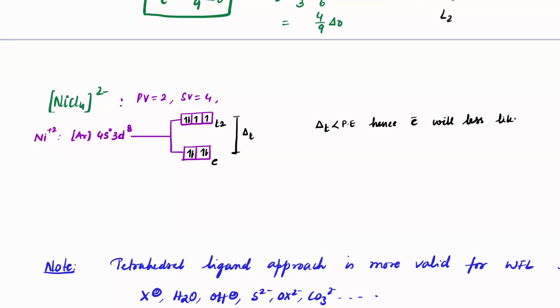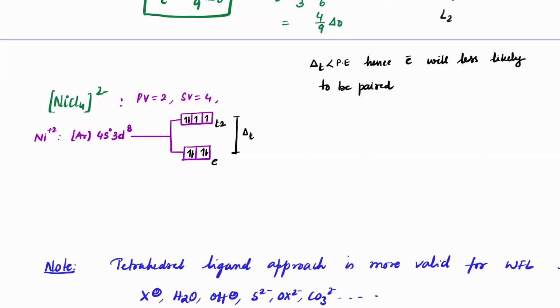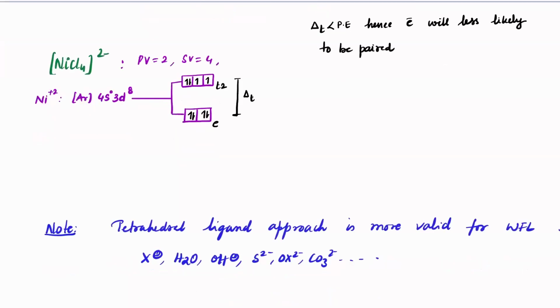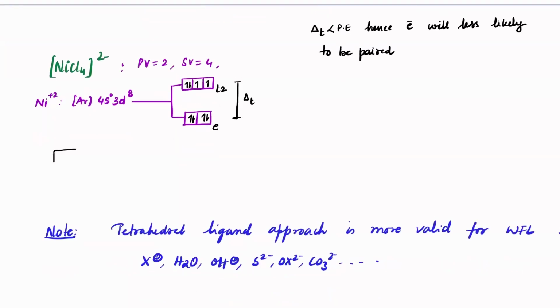Since they are less likely to be paired, the 3d orbital is not available anymore. The 3d orbital has the electrons in it, so that is not available for hybridization.